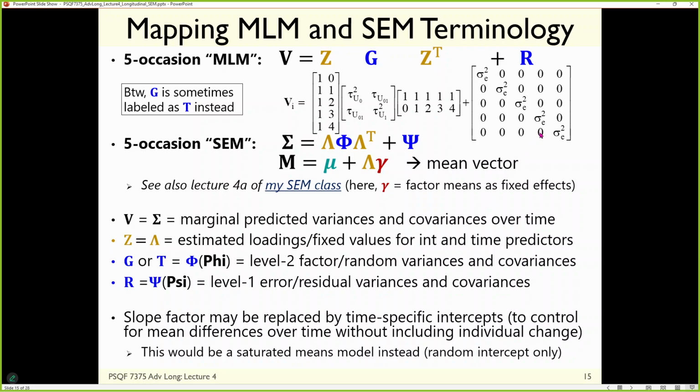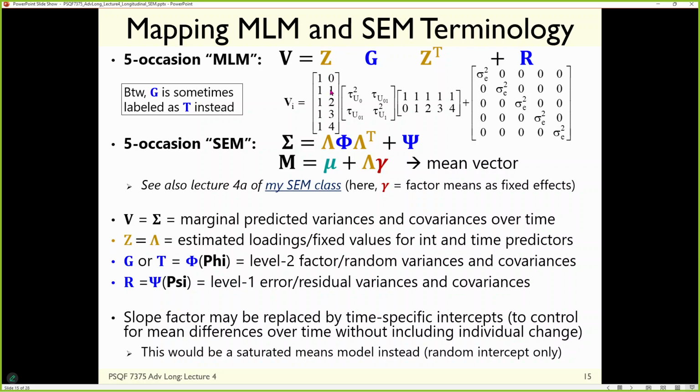Here is the mapping of SEM and MLM, also reviewing matrices and such. V is what we called it, the model-predicted variance across occasions in people. It's going to be sigma in SEM land.